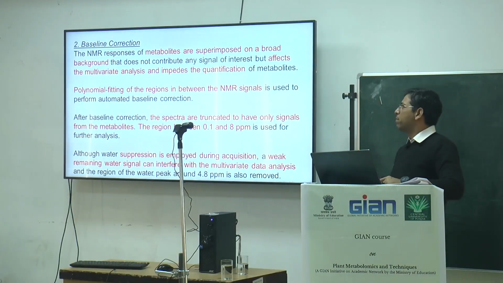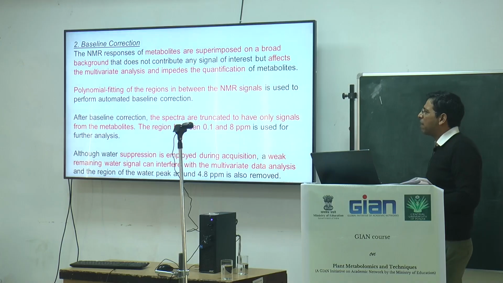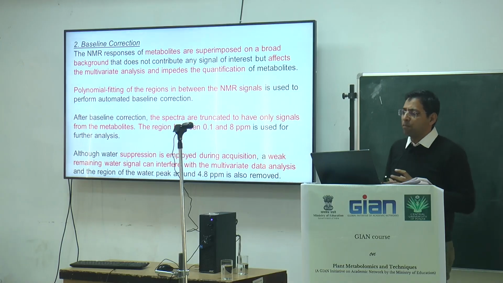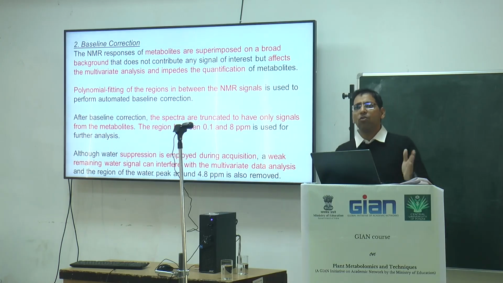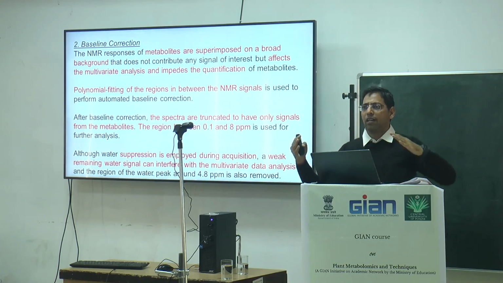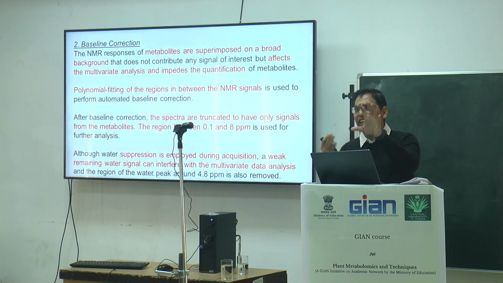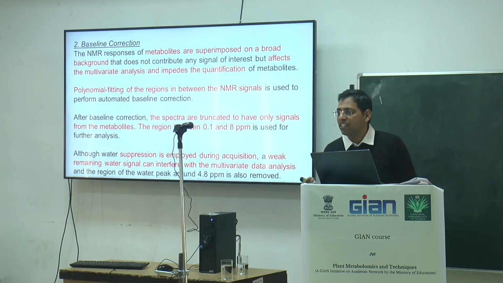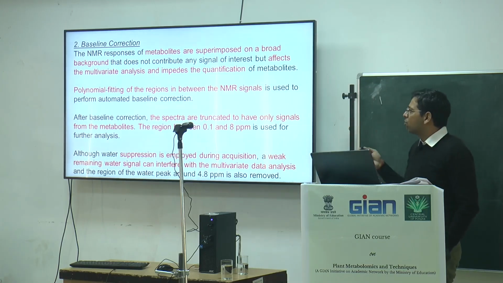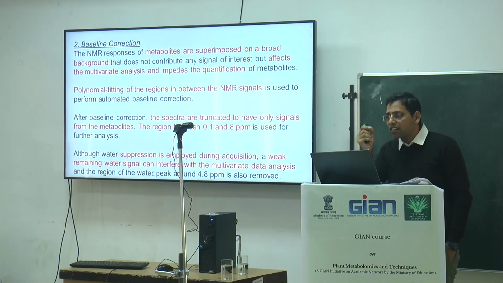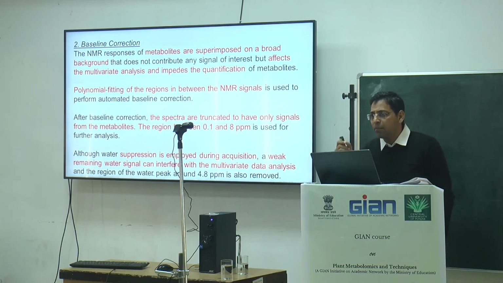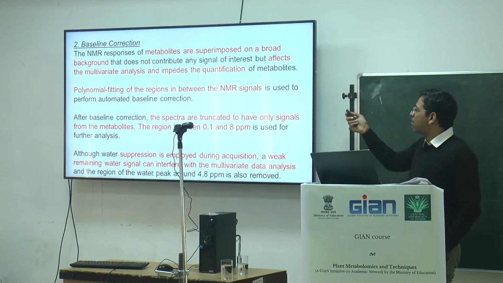Baseline correction means that sometimes some metabolites are superimposed on a broad background that does not contribute any signal. Some metabolites are present in that area, but you can't see them because they are overlapped by some other regions. So you have to do the baseline correction so that you can find out whether there is any peak or signal.